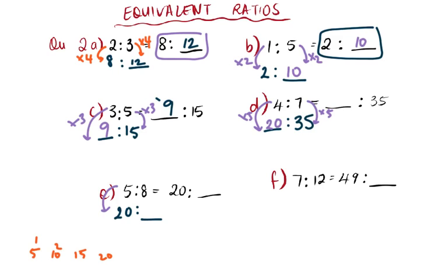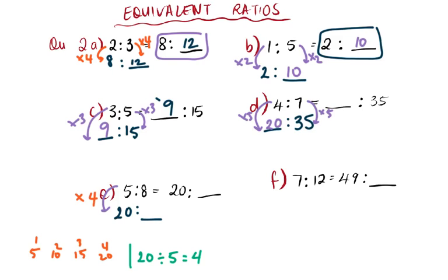So that's 1, 2, 3, 4. So I know we've got to multiply by 4. The other process that you could use is to do 20 divided by 5. And if you know that, or if you want to use your calculator to do that, you'll get the answer 4. So you know that you've got to multiply the 5 by 4 to get 20.